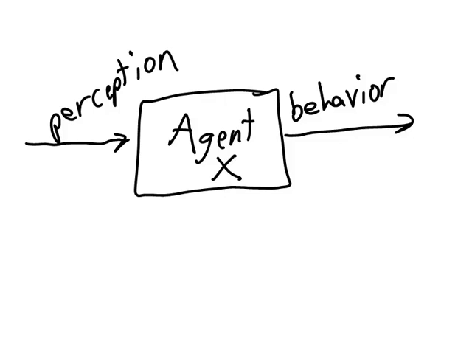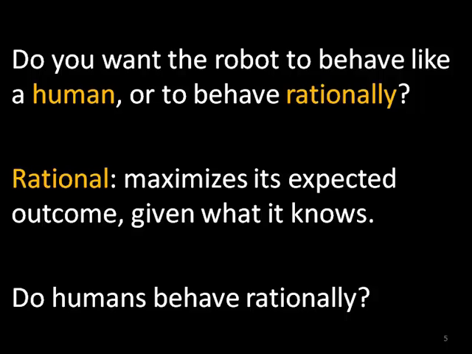Our task is to create an agent that converts perceptions into behaviors in the way that we want it to, regardless of what actually is happening in its own internal experience. From here on out, we'll be focusing on how we can create an agent that converts perceptions into behaviors.